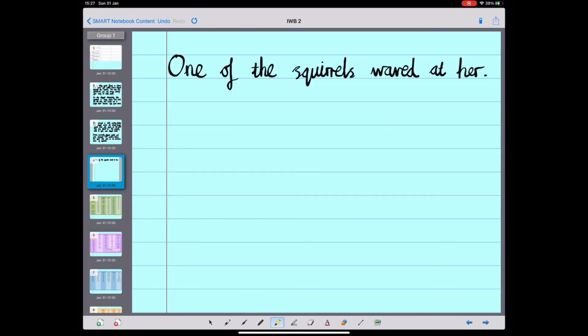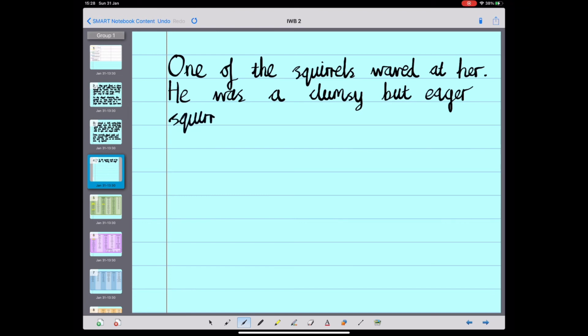So eager means he really wants to please and he's always really excited to try new things and do his best. He was a clumsy but eager squirrel. So it might have been clumsy, but he was eager as well. He was a clumsy but eager squirrel. There's another conjunction, but.